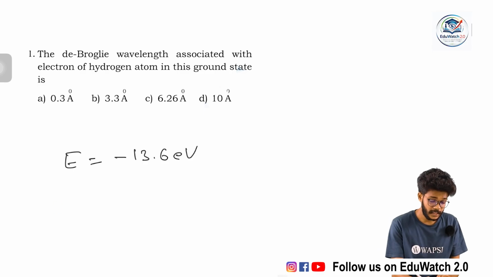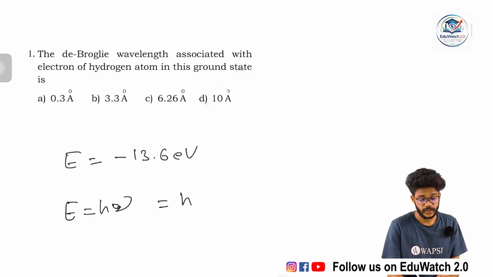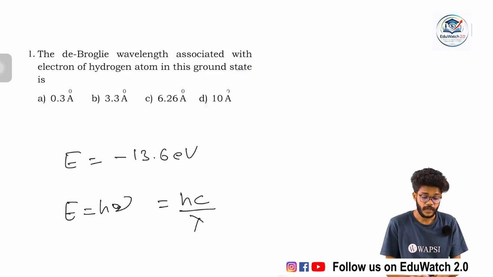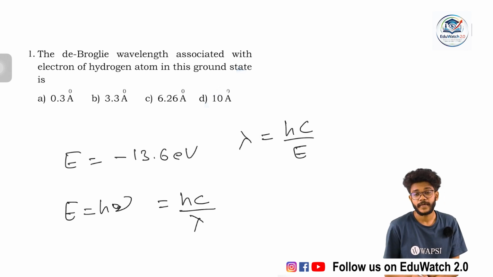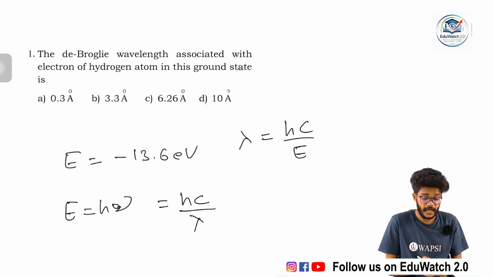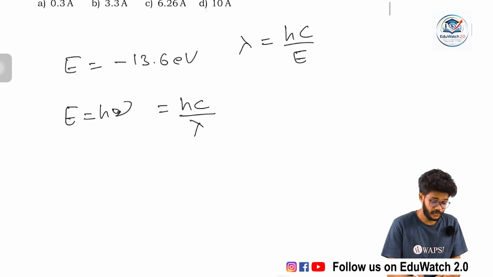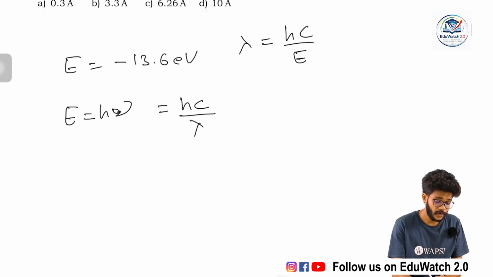We know that E is equal to h nu and E is equal to hc by lambda. So we have to find lambda, so hc by E. And this energy is in electron volt, we would have to change that to joule. We don't want to do that kind of long calculation.